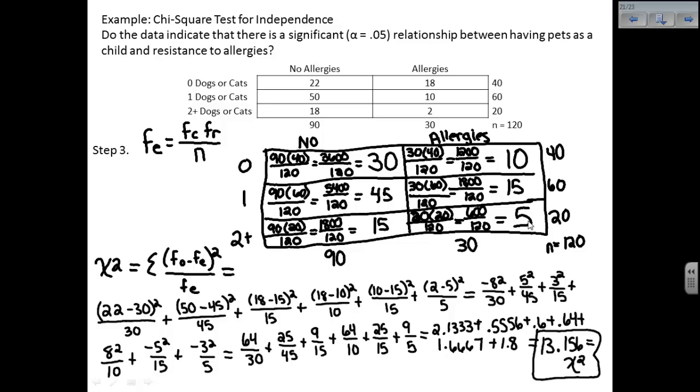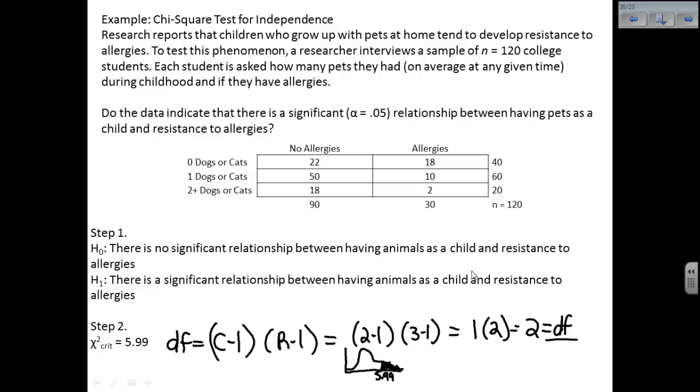Whew, all right. So now let's see if this chi-square of 13.156 is significant. Oh yeah, it is. Way out in the critical region. 13.156. That's our chi-square observed.